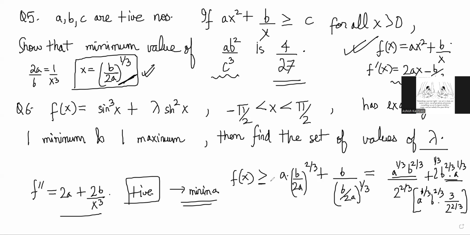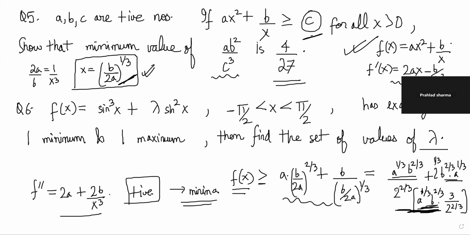So we are getting that f of x is always bigger than this thing, right? So what that means is c should take the place of this, right? Basically, we wanted to say f of x is always bigger than c. So c should be equal to this, no, then? Yes, because this is the minimum value of f of x.